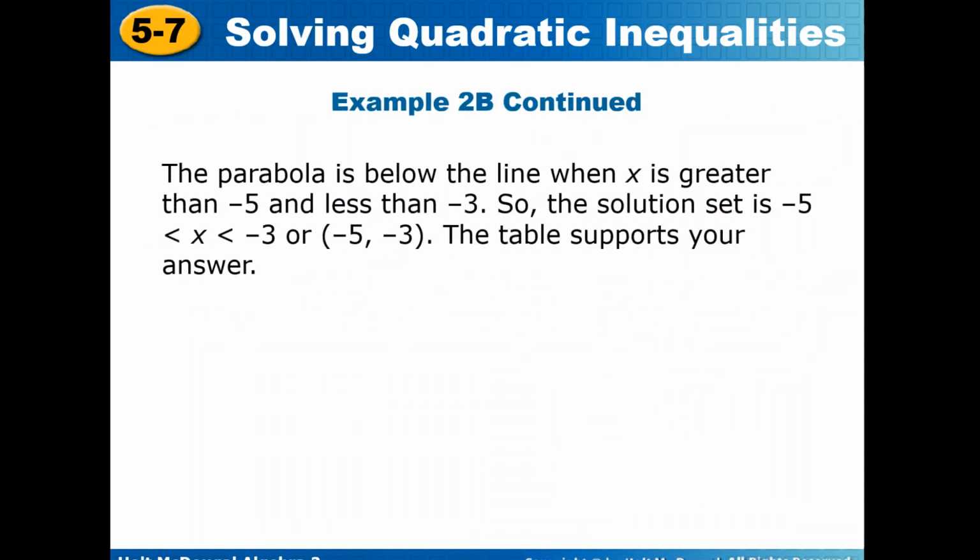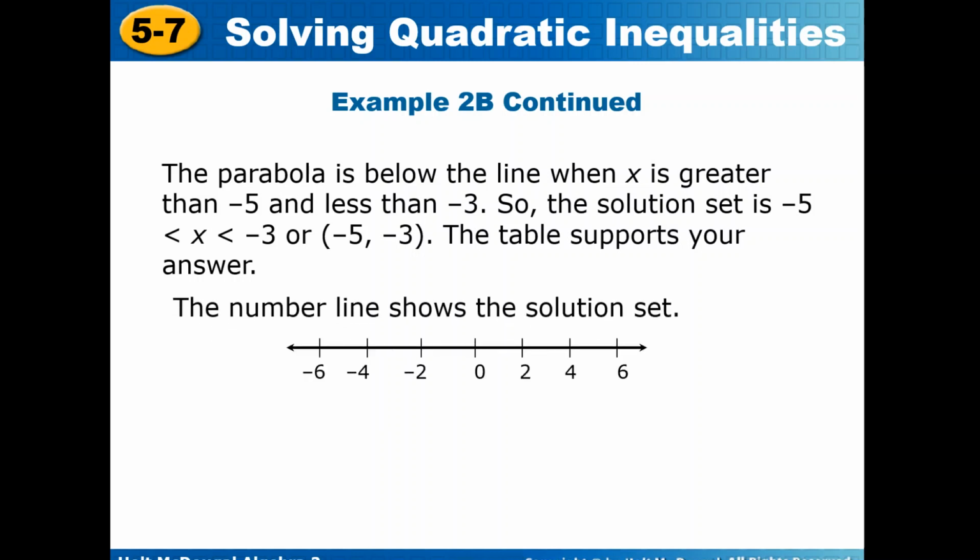So in this case, the parabola is below the line when x is greater than -5 and less than -3. So the solution set is -5 is less than x and x is less than -3. All right, so that's covering that -4 in there. So the number line shows the solution set.